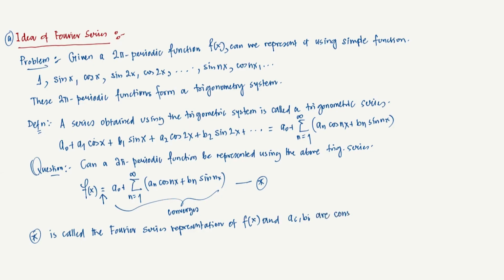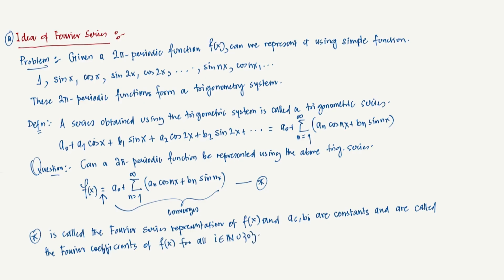We will call them the Fourier coefficients of f of x, for all i in N union 0. I hope this is clear.